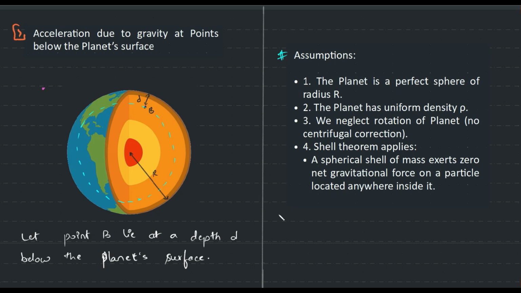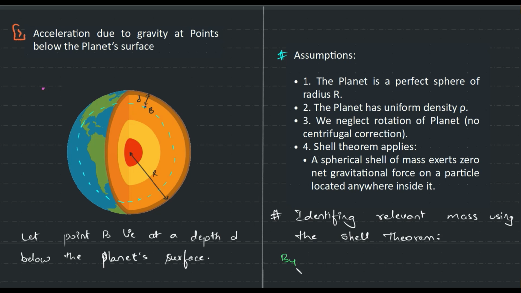Now, the first thing is we need to identify the mass that actually contributes to the gravitational pull. So first we'll go with identifying the relevant mass using the shell theorem.